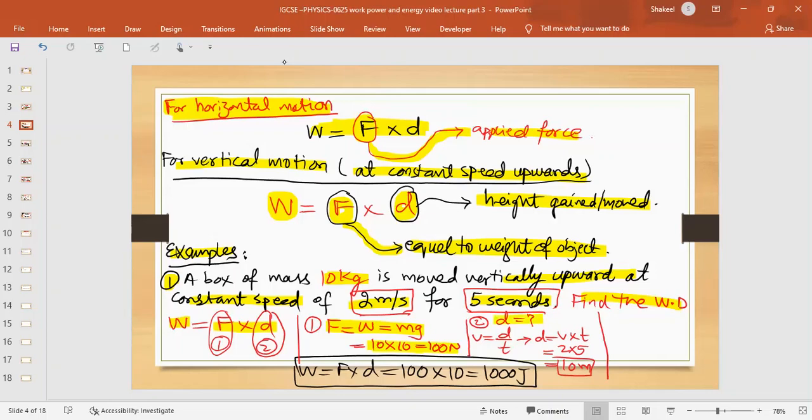For the distance, as it is moving with constant speed, speed is distance over time, so distance is speed into time. Speed is 2 meters per second, time is 5 seconds, so it is 10 meters. So you're applying 100 Newton force over a distance of 10 meters, so the total work is 1000 joules.